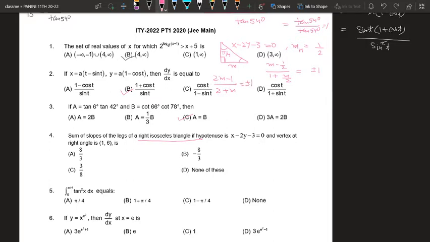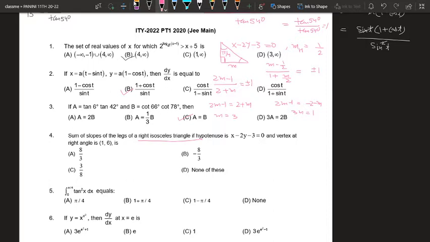If we take positive sign, 2m minus 1 is equal to 2 plus m, that is m is equal to 3. And if we take minus sign, 2m minus 1 is equal to minus 2 minus m, that is 3m is equal to 1.